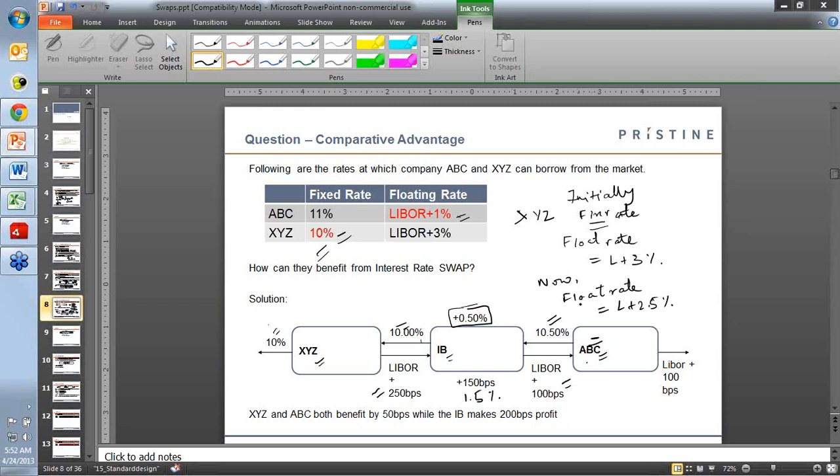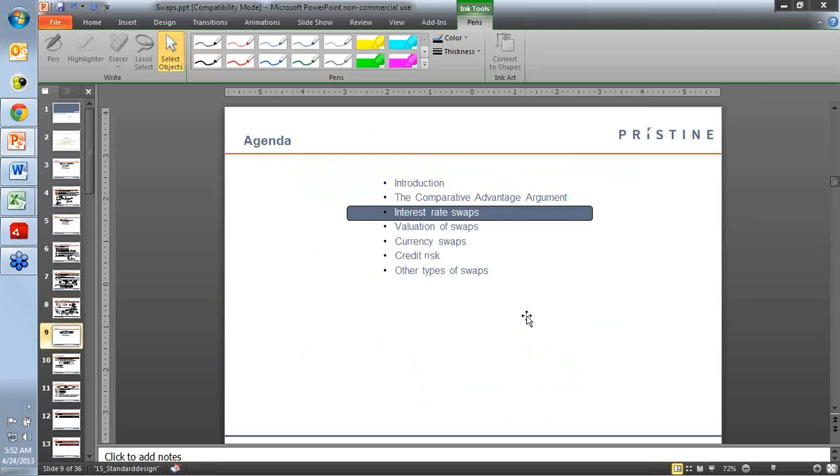It will now only need to consider this floating rate loan that it has essentially taken from ABC. So here we can see that the nature of the liability was changed from a fixed rate to a floating rate for XYZ, and also the borrowing rate was reduced. So this is a case for the comparative advantage.